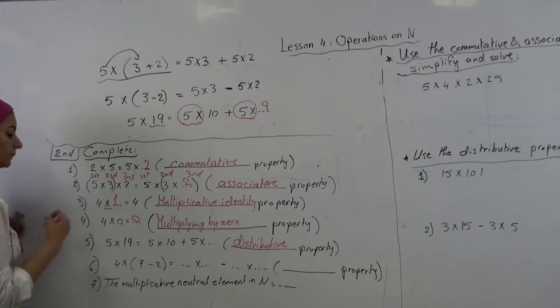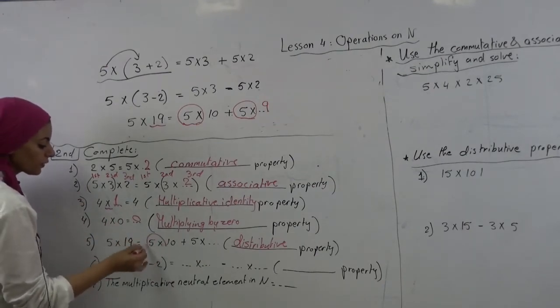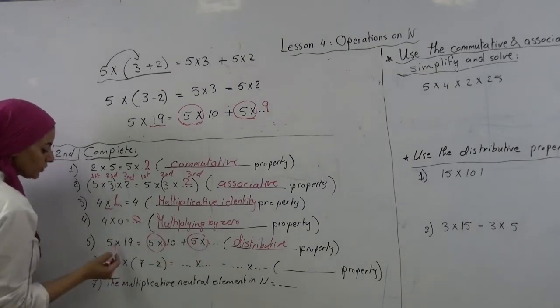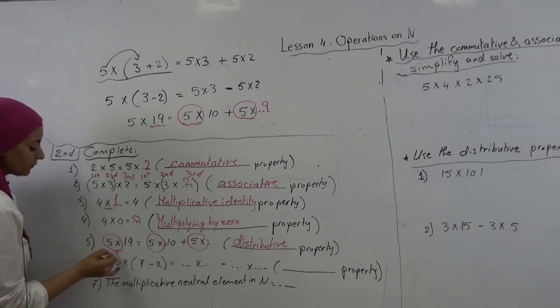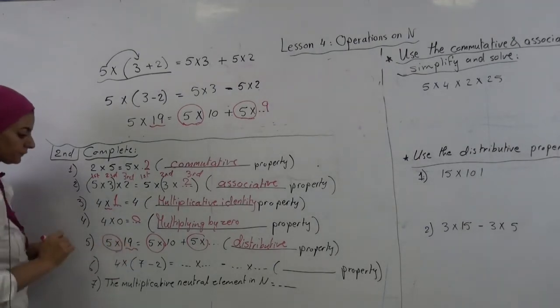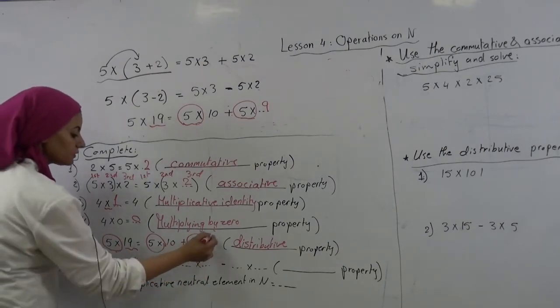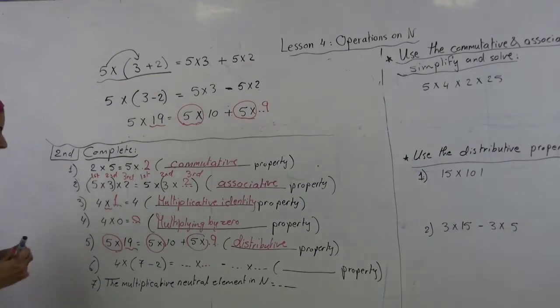As we said in the example, the number repeated 2 times is the number distributed, so we take it outside. So the number that is going to be distributed is 5, and the number that he decomposed is 19. 19 is equal to 10 plus what? 10 plus 9.